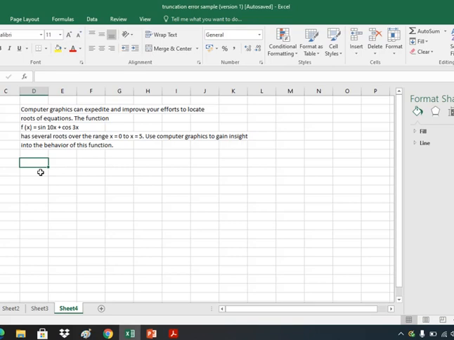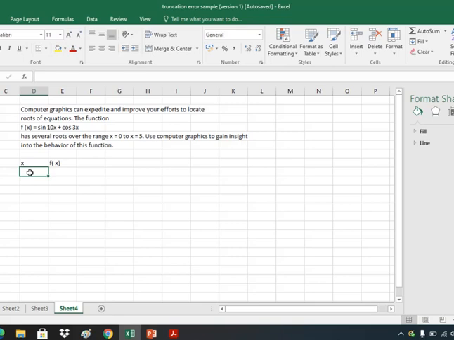So Excel lang ta. Okay, let's try to input the value of x and the functions of f. Okay. So first, ihalagan tag bound of 0 to 5.